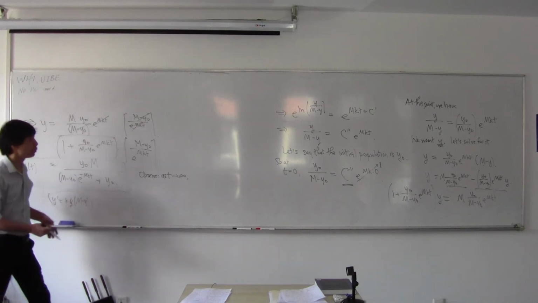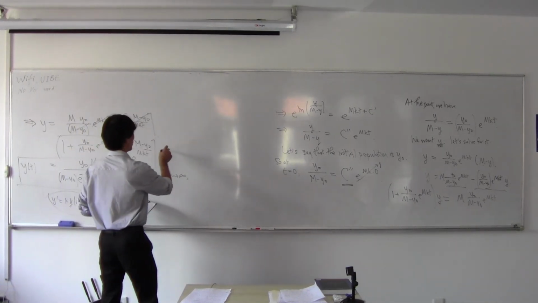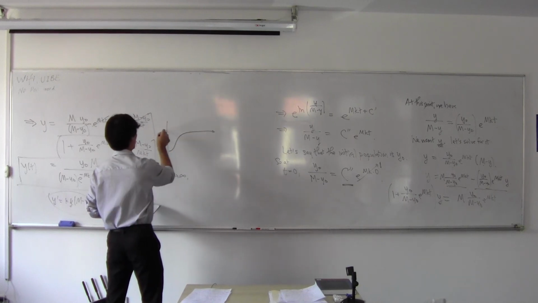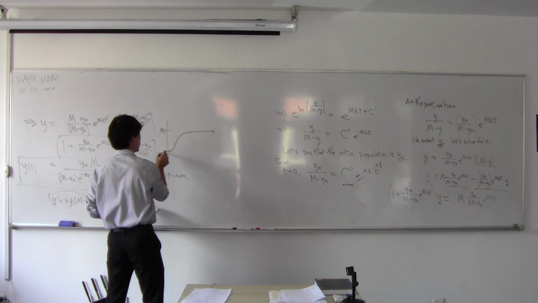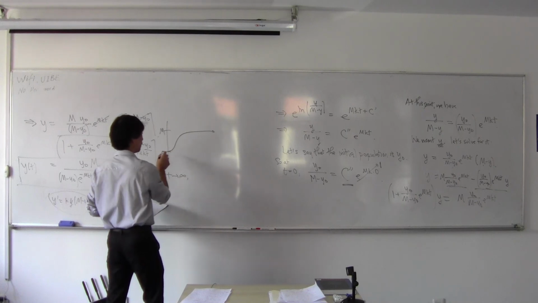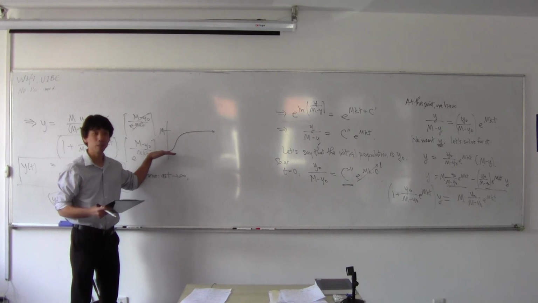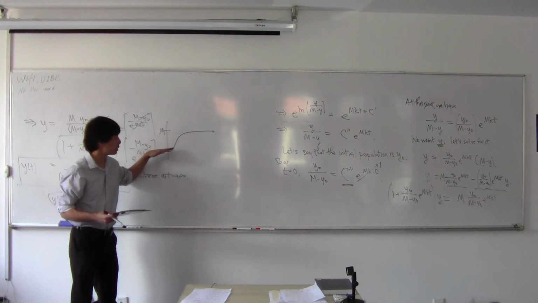So that's sort of what we saw before, as we were thinking about it, that the population is going to have this boom. At the beginning, when there's a lot of food, the population behaves as if there's no constraints and there's just exponential growth.